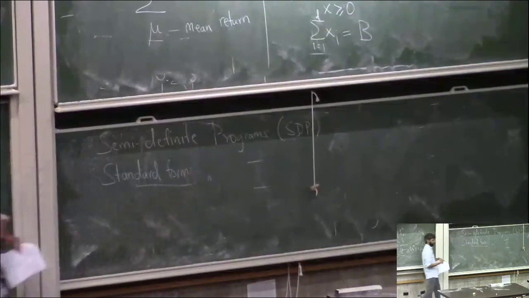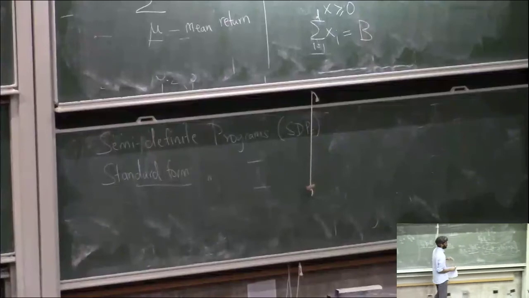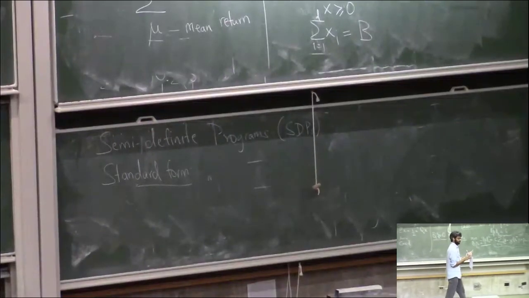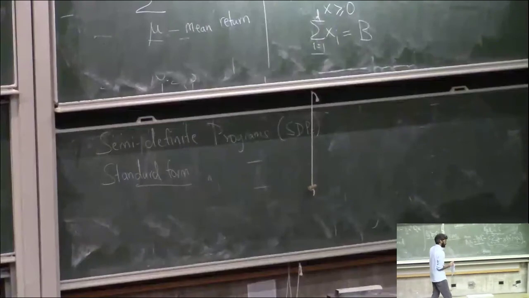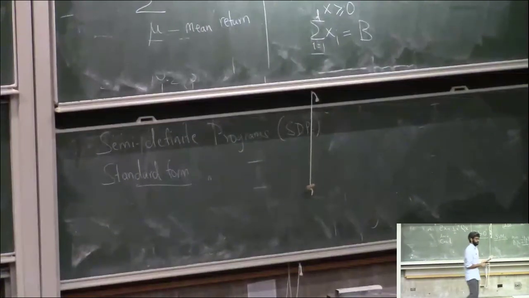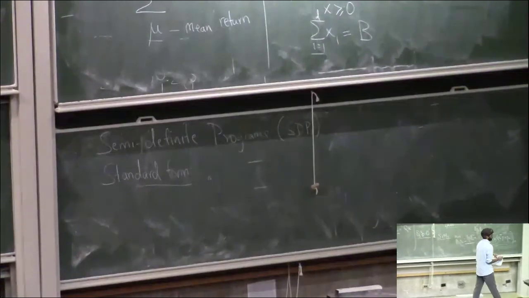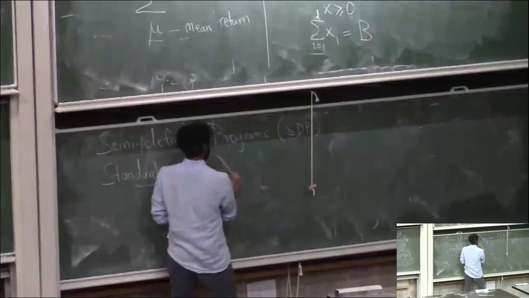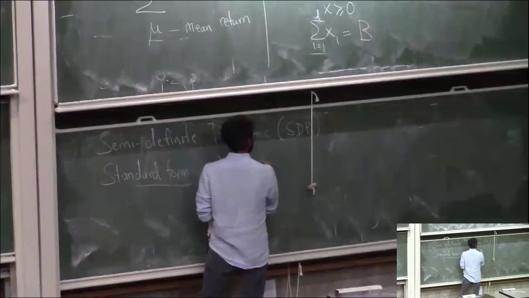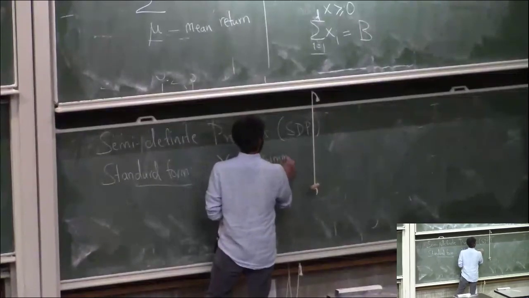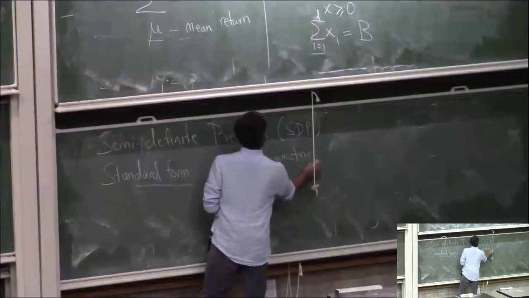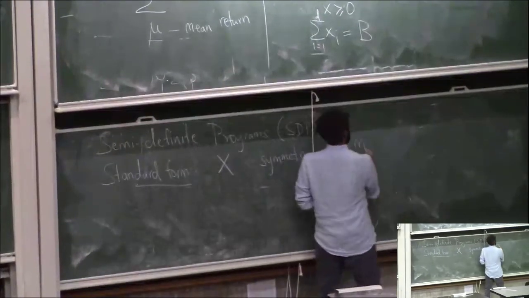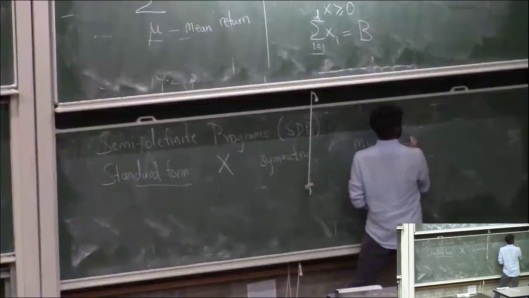The way to think about the standard form of a semi-definite program is you're optimizing over some matrix variable, and you're thinking of something like an LP, except it's over a matrix valued variable. So you want to say something like there's some matrix X. You should think of it as symmetric, and we'd like to solve something that looks like an LP. So it's minimize some cost.